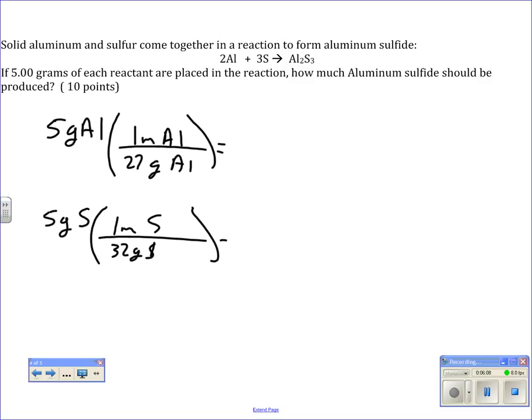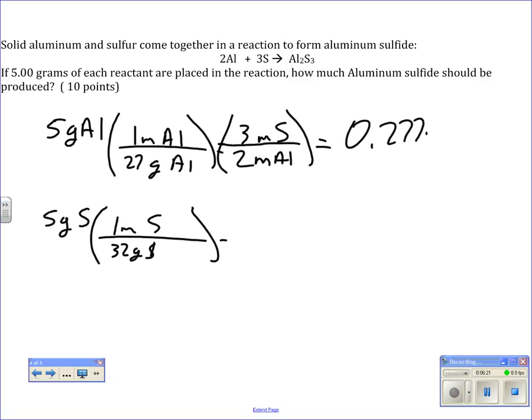And if I then say, okay, I need to get rid of my moles of aluminum and go to moles of sulfur, it's a 3:2 ratio, which means I would need 0.0277 moles of sulfur. Well, if I multiply this out, I only have 0.156 moles of sulfur.